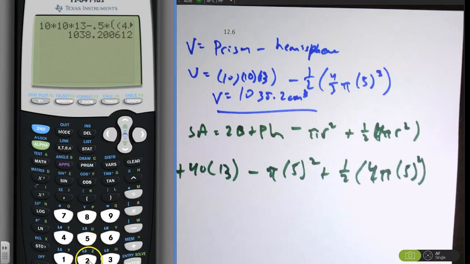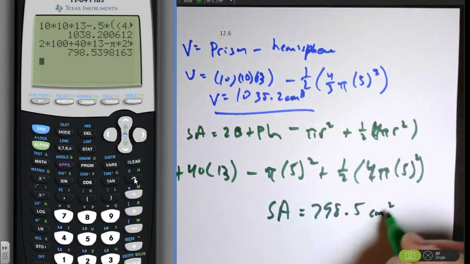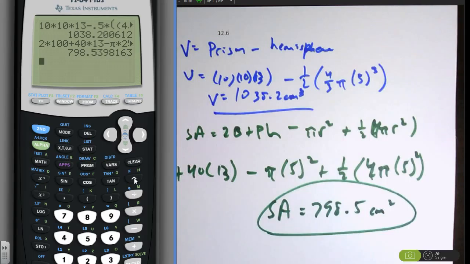So 2 times 100 plus 40 times 13 minus pi times 5 squared, which is 25, plus 0.5 times 4 times pi times 25. And then it gives us 798.5 squared centimeters. Okay.